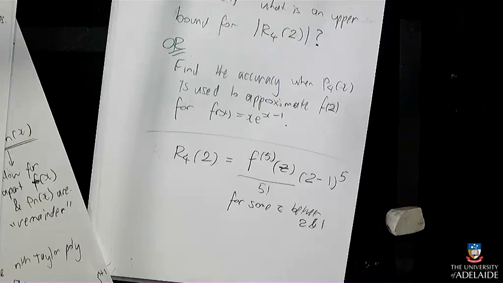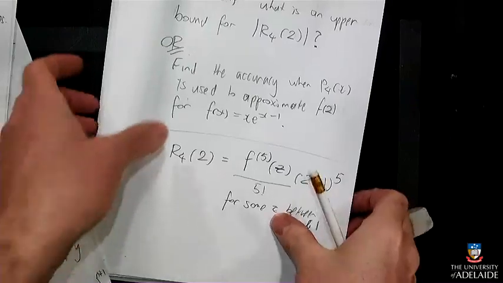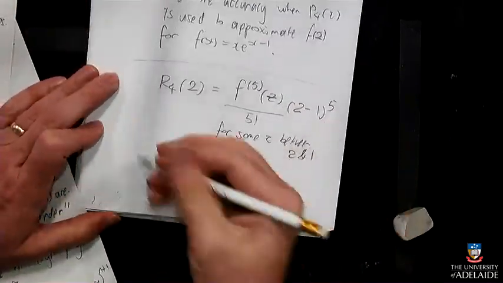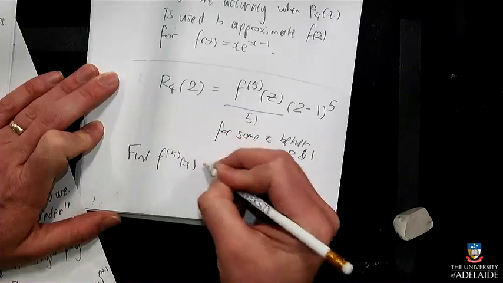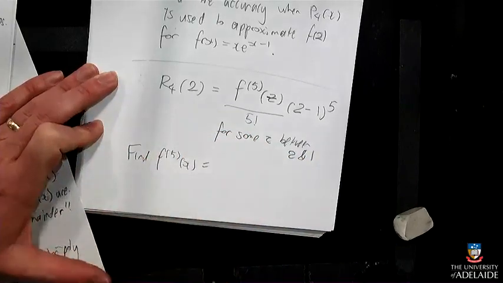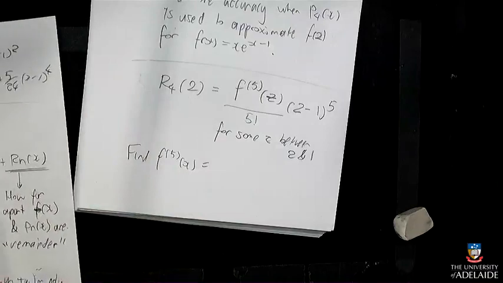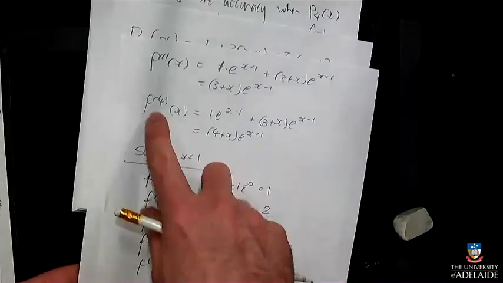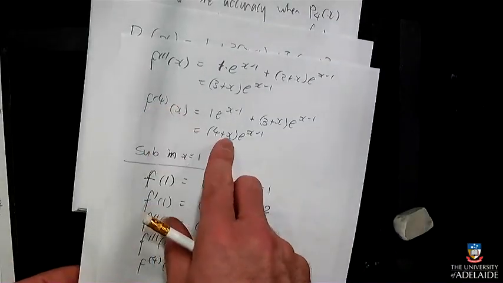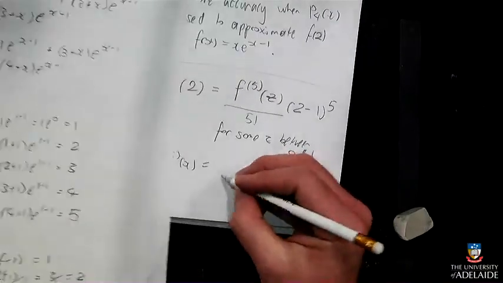Well, this is going to require me to figure out a formula for what the fifth derivative is. So I'll find f fifth of x. Now f to the 4 was back here. That was the fourth derivative here.